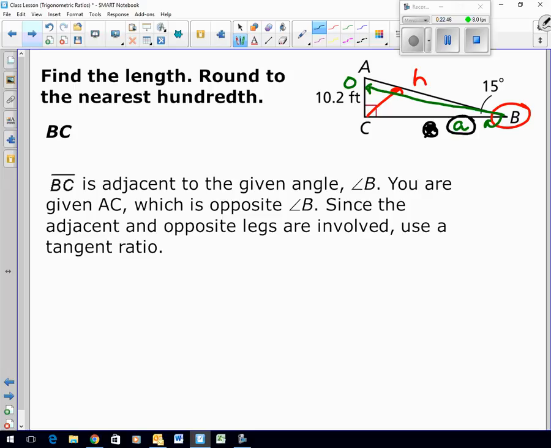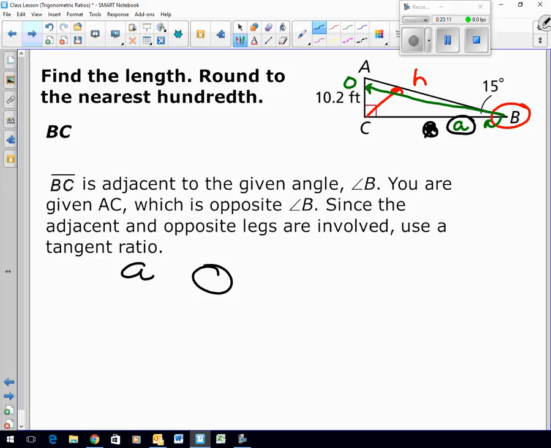I'm given which side? Opposite or hypotenuse? So, if I'm given opposite and I'm looking for adjacent, which of the 3 trig ratios deal with opposite and adjacent? Tangent. Tangent equals opposite over adjacent.